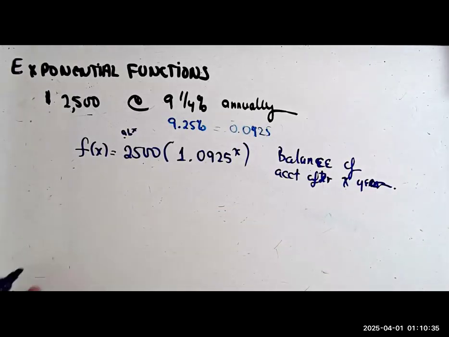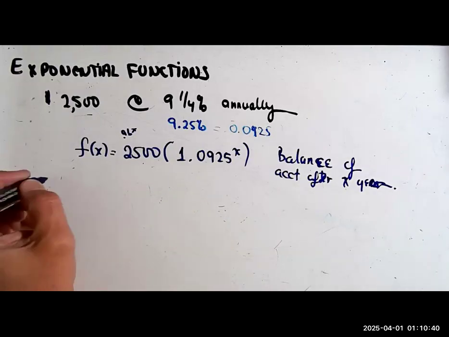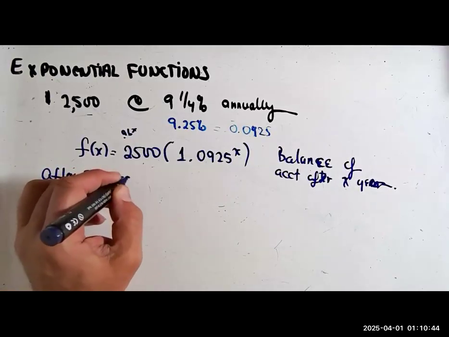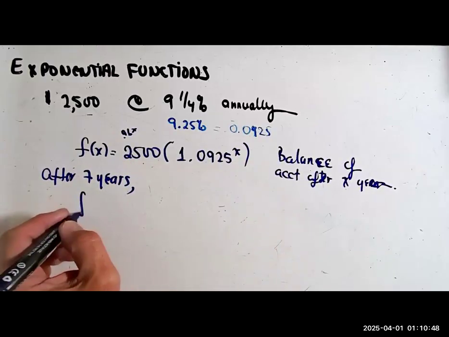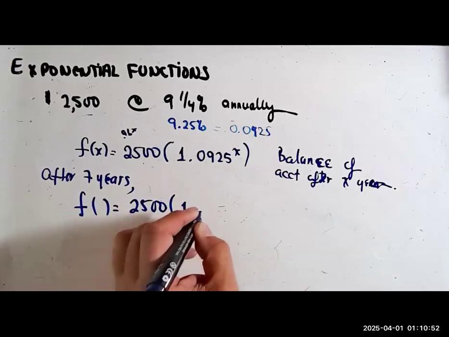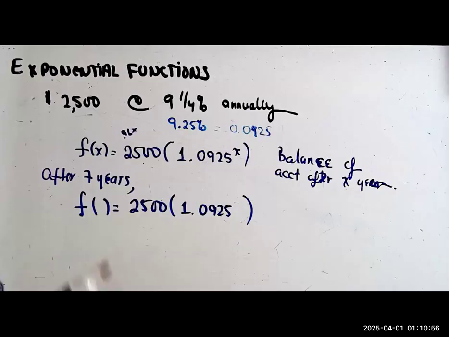Okay. If I want to say, well, how much money am I going to have after 7 years, I'm just making this up, we simply have to evaluate the function when x equals 7. So f of 7 will be 2,500 times 1.0925 to the 7.